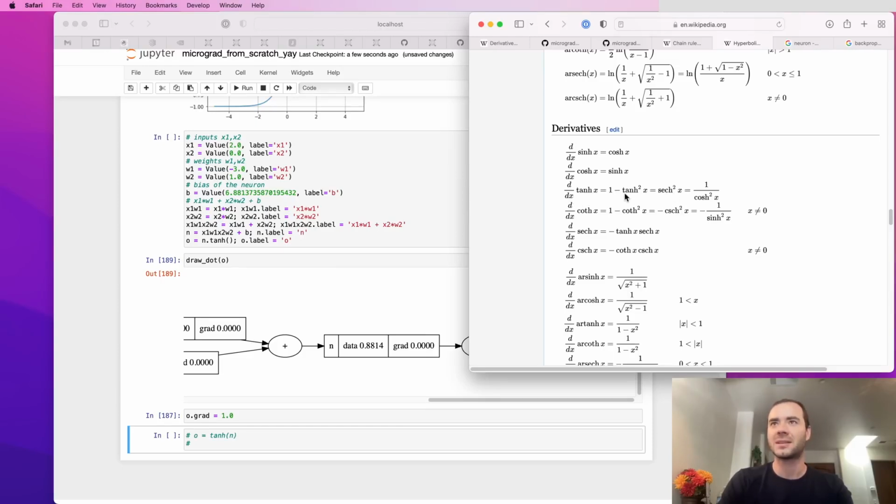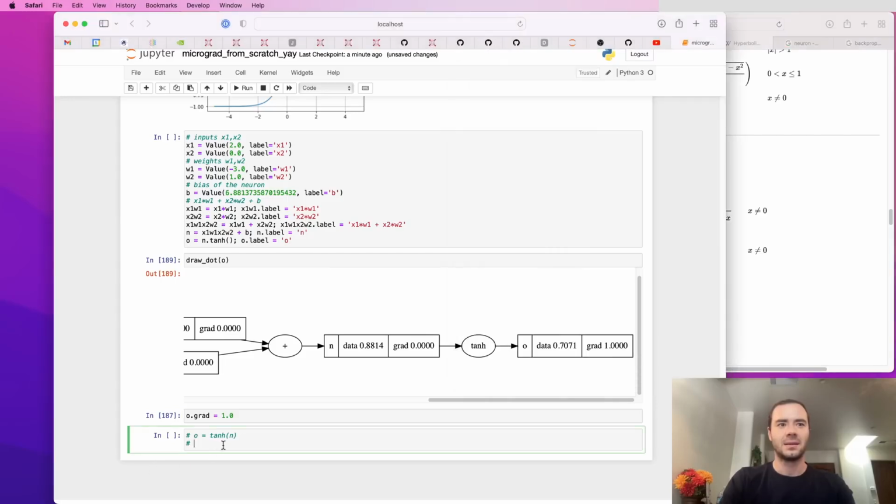I like this one, 1 minus tanh squared of x. So basically what this is saying is that do by dn is 1 minus tanh of n squared. And we already have tanh of n, it's just O. So it's 1 minus O squared.